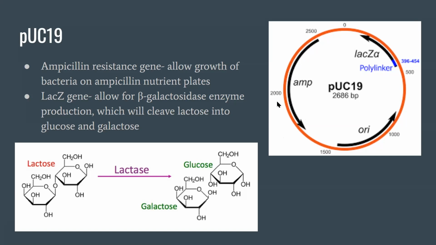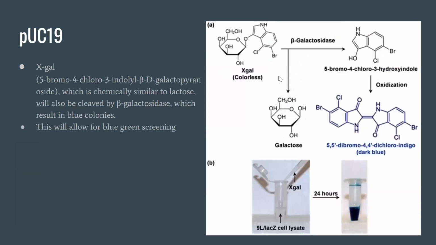I'm going to talk a bit more about the beta-galactosidase, and then we will come back to this. So beta-galactosidase will also cleave a molecule called X-gal, which is chemically similar to lactose. When there's cleavage of the X-gal molecule, it will turn blue. The colonies of bacteria will physically turn blue.